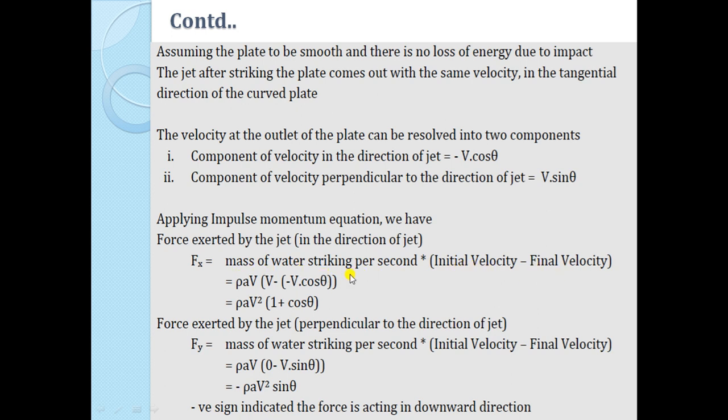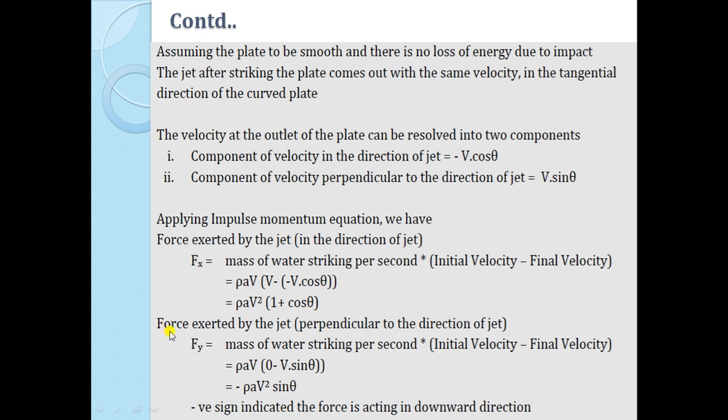Mass of water striking per second is rho a v. The initial velocity is v, and the final velocity component in the direction of the jet is minus v cos theta. If we substitute and simplify, we get rho a v square into 1 plus cos theta.